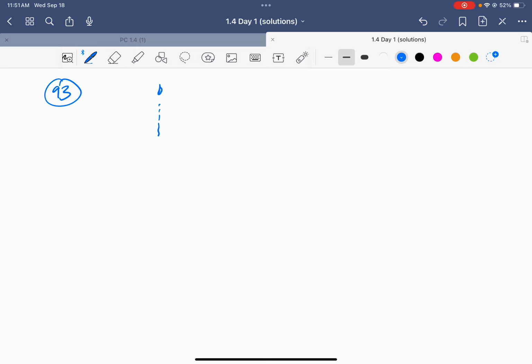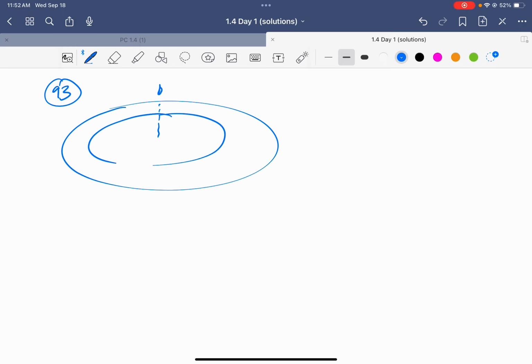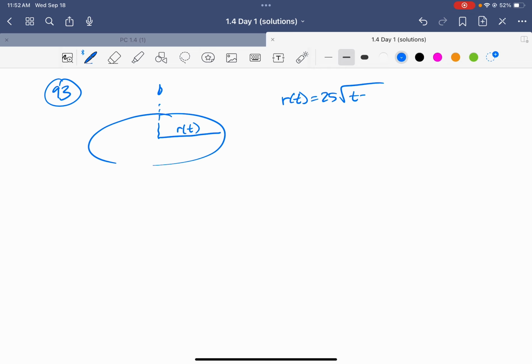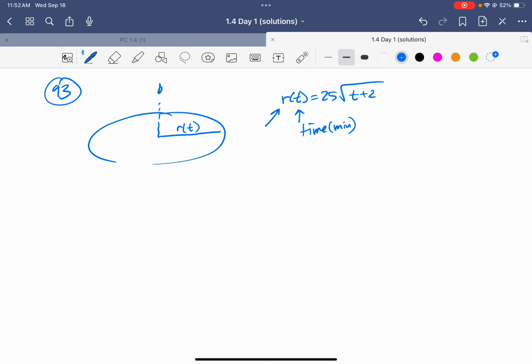So little rain droplets are coming down and they hit the water and then they make circular ripples, yes? Okay, and it turns out that the radius of that thing is a function of time, where it's 25 times the square root of t plus 2, where t is the time in minutes, and r is the radius in inches.